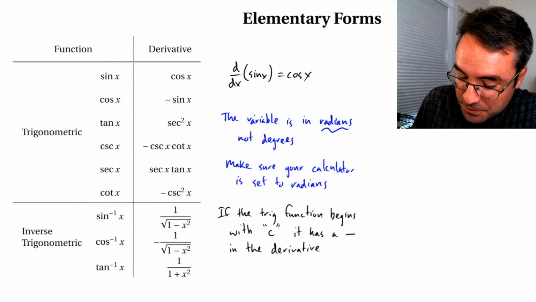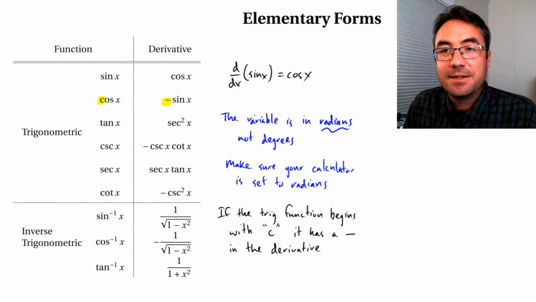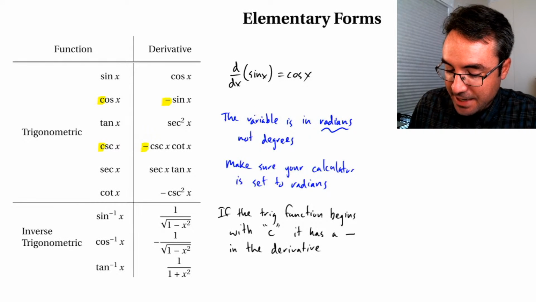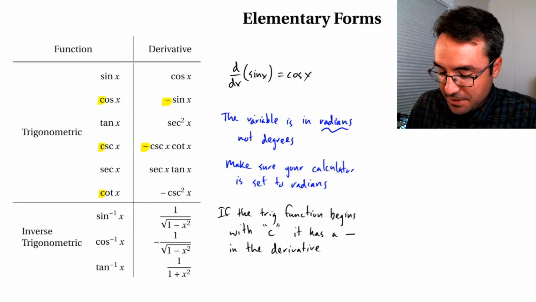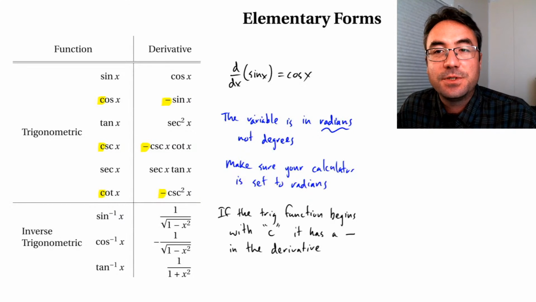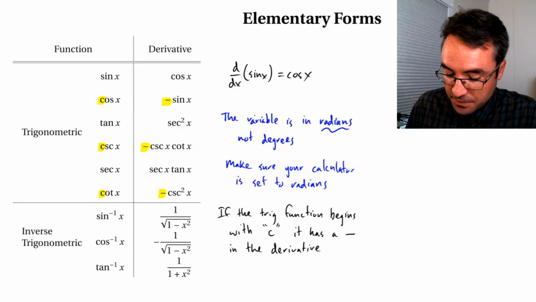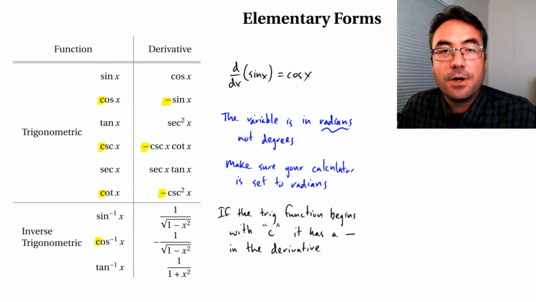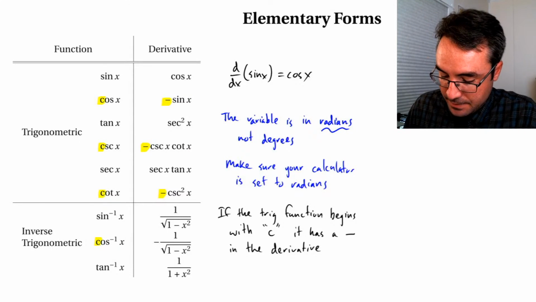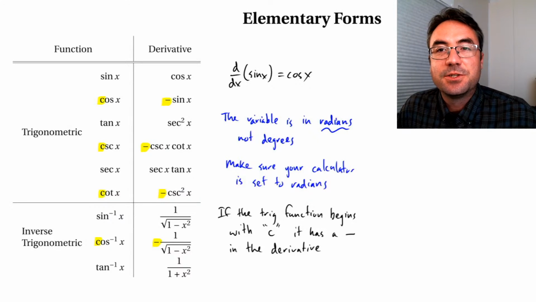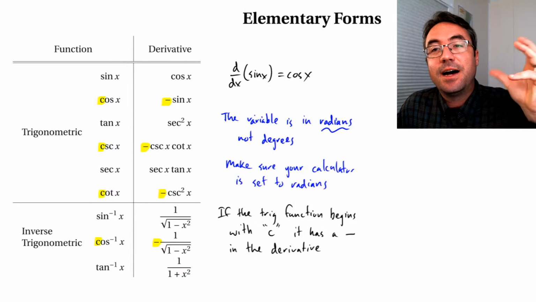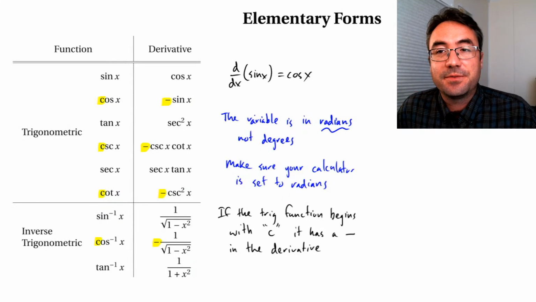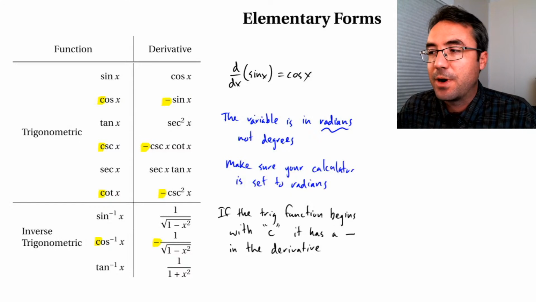Like cosine, it's negative sine. Cosecant is negative cosecant times cotangent. Cotangent starts with a C, has a negative. It's negative cosecant squared. It also works for the inverse trig functions. So inverse cosine has a negative in front. So any of our trig functions or inverse trig functions that has a C in front, there's a negative in the derivative. Just a helpful little tip for memorizing these.